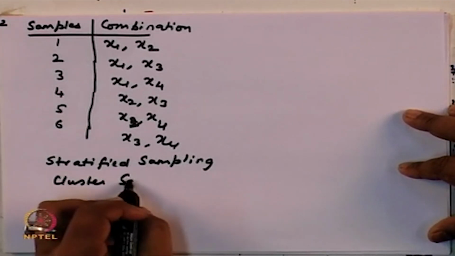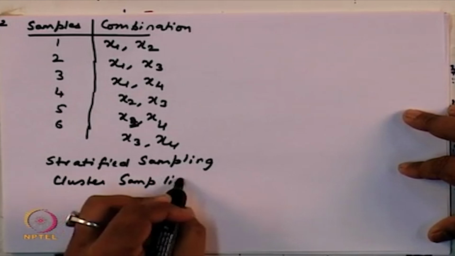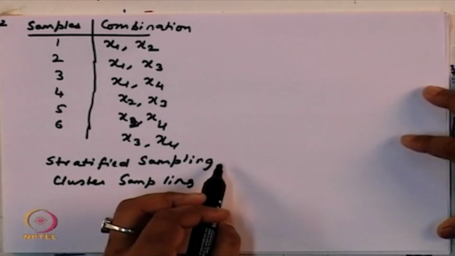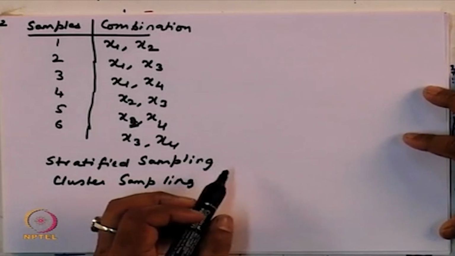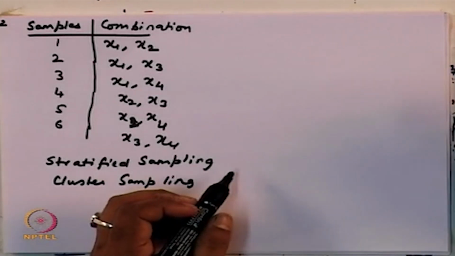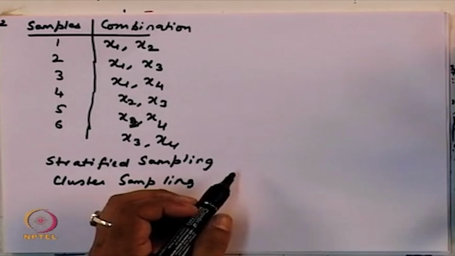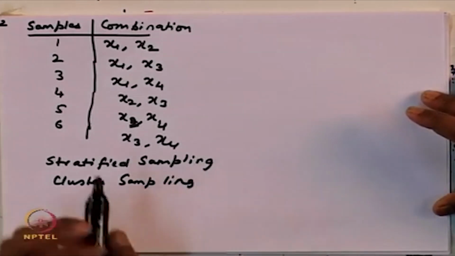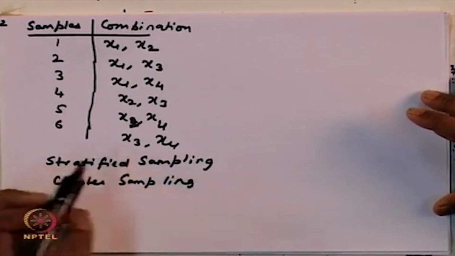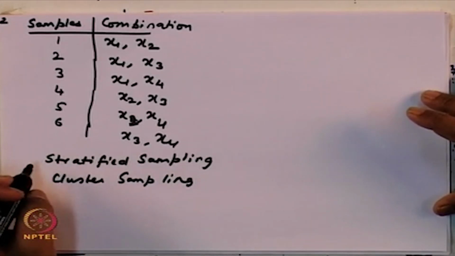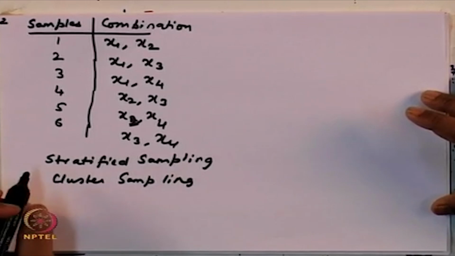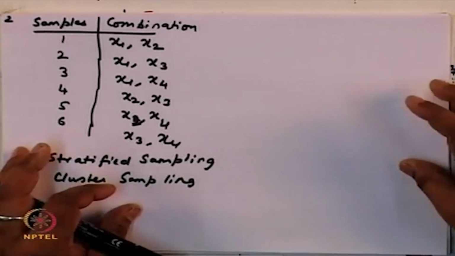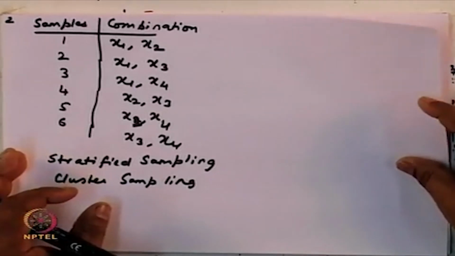In stratified sampling, if you know your population is composed of multiple subpopulations, you want a way such that all these individual subpopulations get represented in your sample. So, this is a special type of sampling. There are various other types of sampling. We will not go into details about sampling, but we will start discussing sampling distributions.